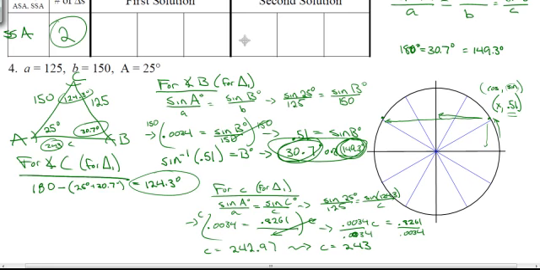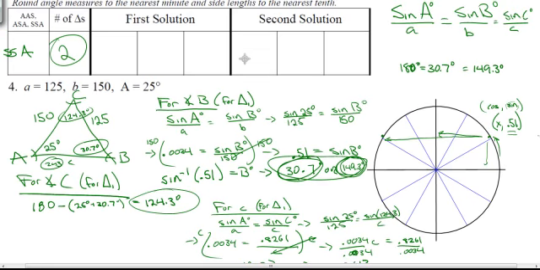And what I would do is I would simply come up here and say, okay, I know my side C equals 243 rounded up. I also know that my angle B equals 30.7 degrees in this case, and I know that my angle C equals 124.3 degrees in this case here.